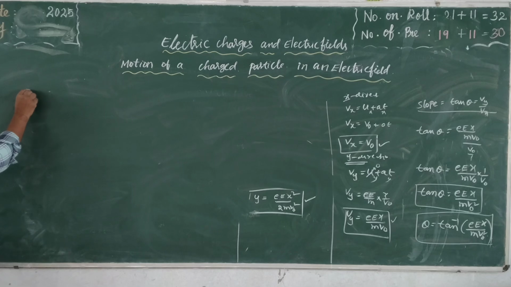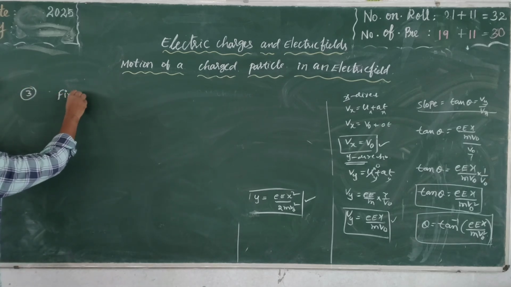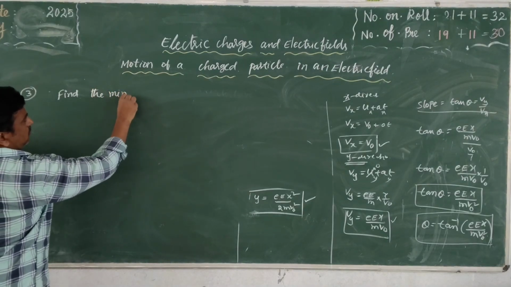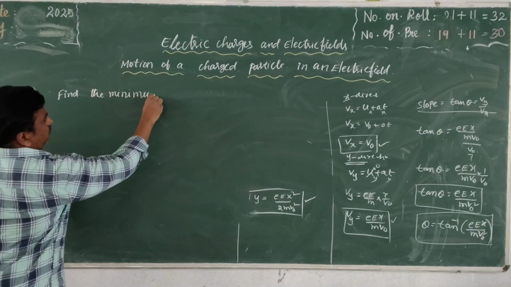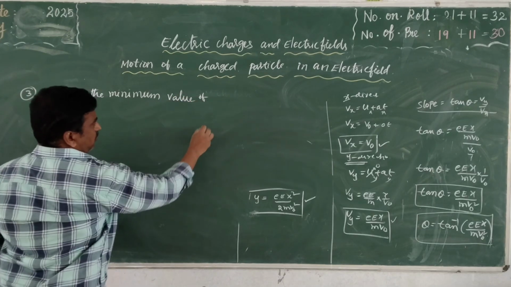See here, third problem. Here we find the minimum value of v naught.